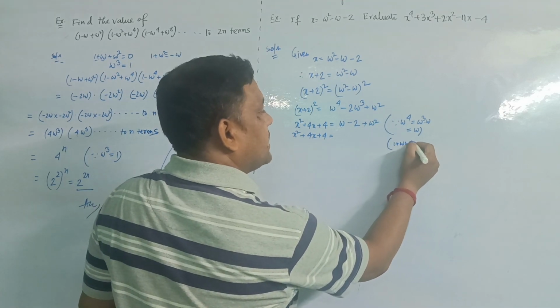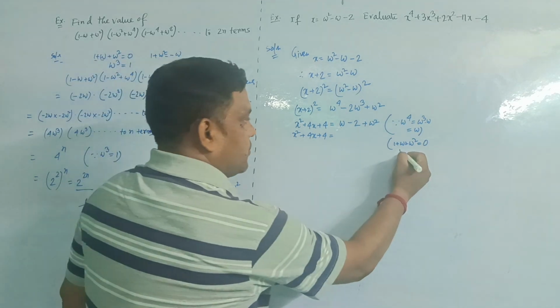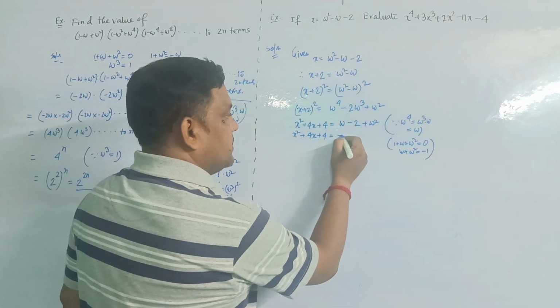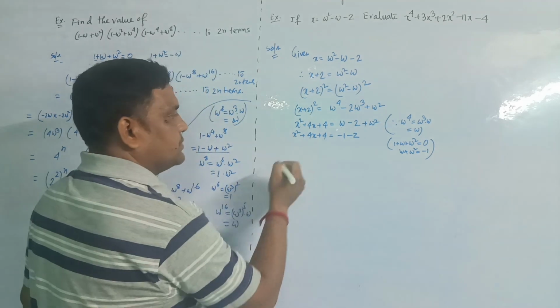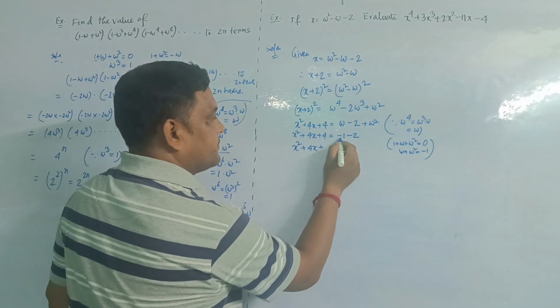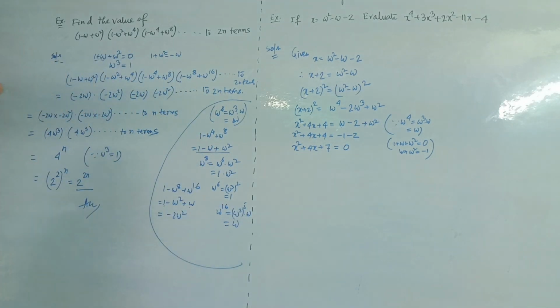Since we know that 1 plus omega square equals 0, omega plus omega square equals minus 1. So minus 1 minus 2. So x square plus 4x plus 3, plus 4, so 7, equals 0.